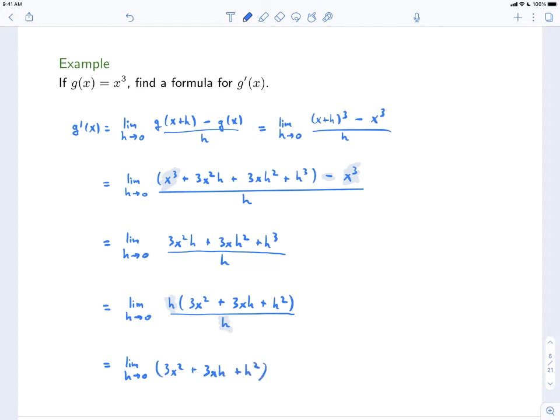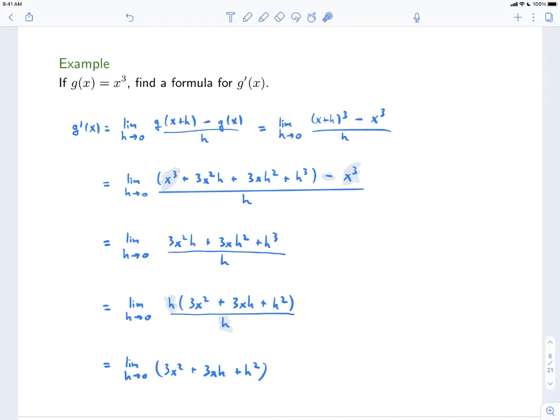It's actually a polynomial in h. H is the thing that's changing. X is currently a constant. It's an arbitrary, unknown constant, but we're imagining that there's a fixed x. And for this fixed x, we're computing the derivative.